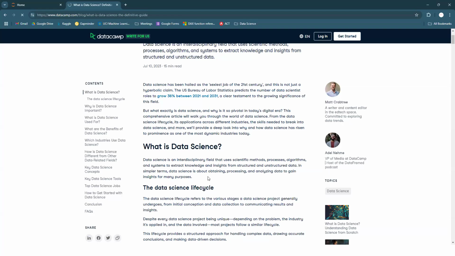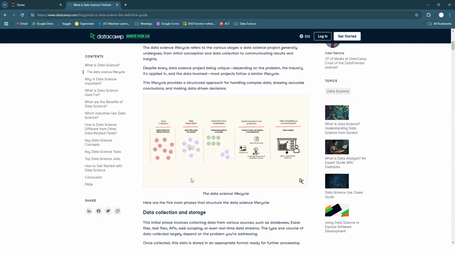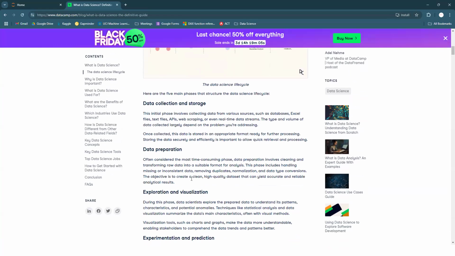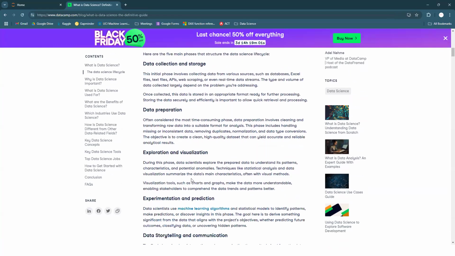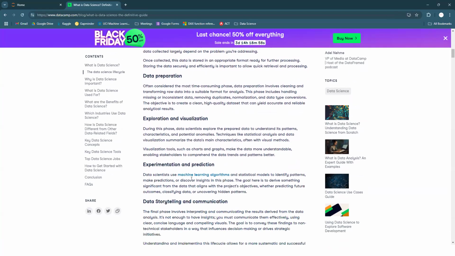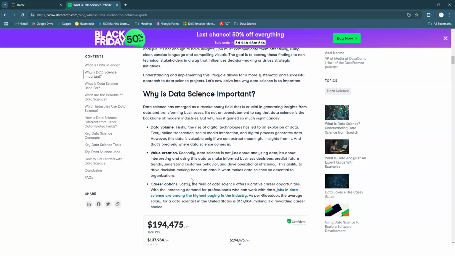In simple terms, data science is all about obtaining, processing, and analyzing the data to gain insight from the data, guys. Even if you see the data science lifecycle, you can see the same thing, guys: data collection, storage, data preparation, exploration and visualization, experimentation and predictions, data storytelling and communication. All these are important, guys.